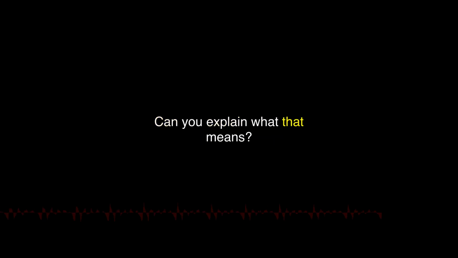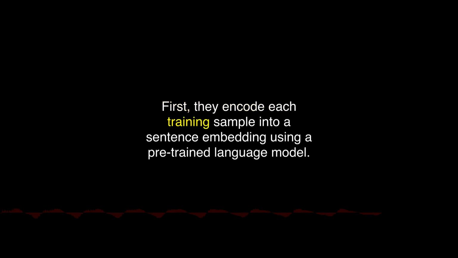Can you explain what that means? Sure. The coreset-based method involves several steps. First, they encode each training sample into a sentence embedding using a pre-trained language model. Then, they pre-process these embeddings with mean pooling and L2 normalization. After that, they cluster the embeddings in latent space using k-means clustering.